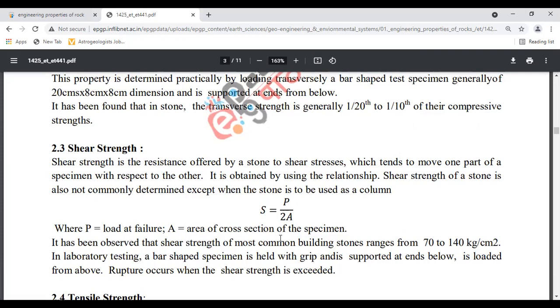It has been observed that shear strength of most common building stones ranges from 70 to 140 kg per centimeter square. In laboratory testing, a bar-shaped specimen is held with grip and supported at the ends below, and is loaded from above. Rupture occurs when the shear strength is exceeded.